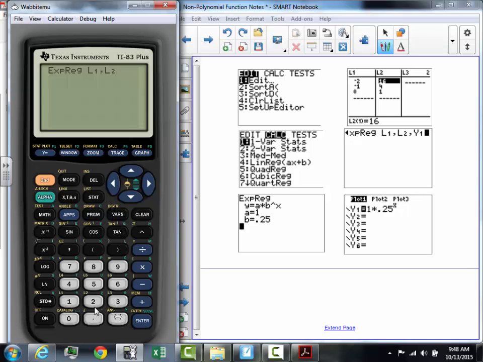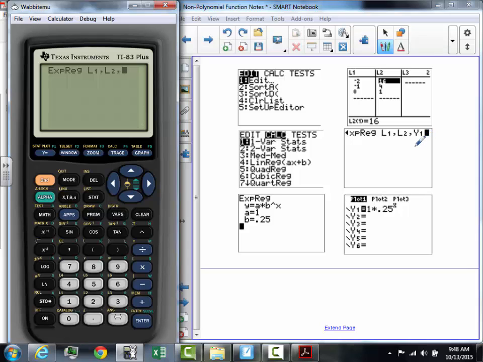We need to tell it where to put that data when we're done. And this is the most complicated one to find regardless of whose calculator you've got. What did you put in for L2? Second and then 2 is where L2 is. Okay. I now want to throw in y, because I'm going to ask it to put an equation into y equals.